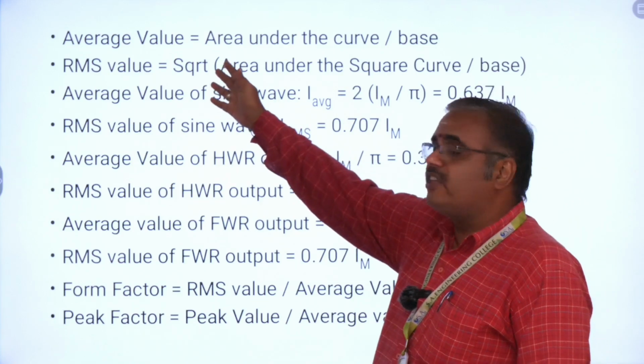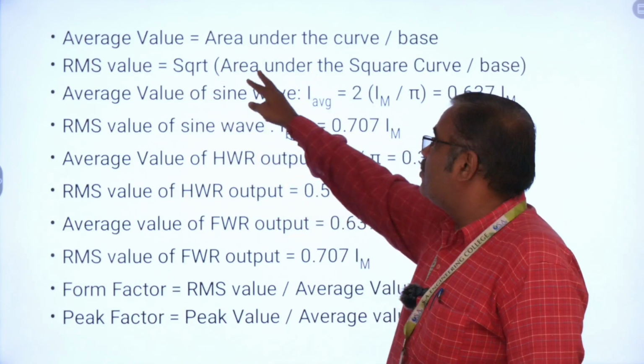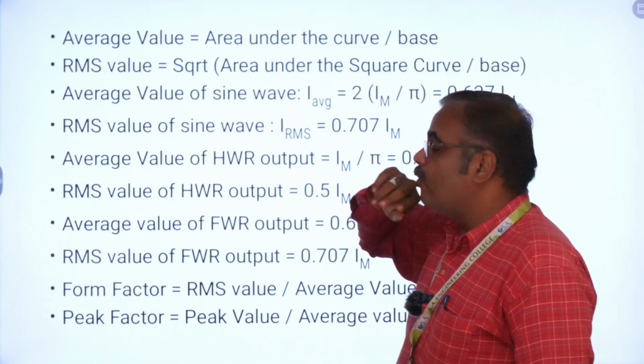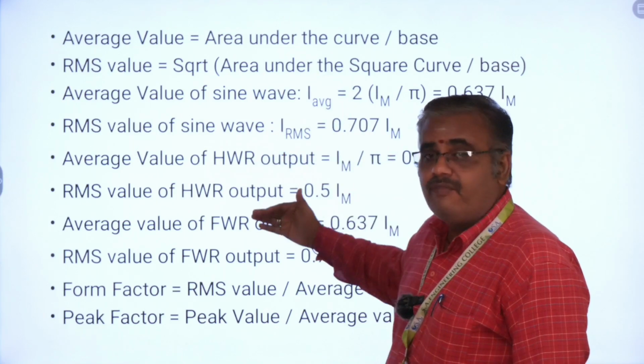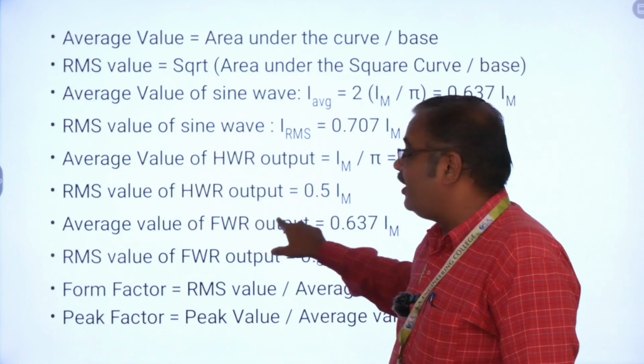Average value is nothing but the area under the curve divided by the base, and RMS value is the square root of the area under the squared curve divided by the base. We have the average value and RMS value for different waves: sine wave, half wave rectified output and full wave rectified output.